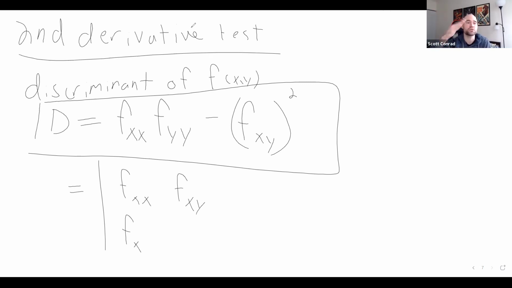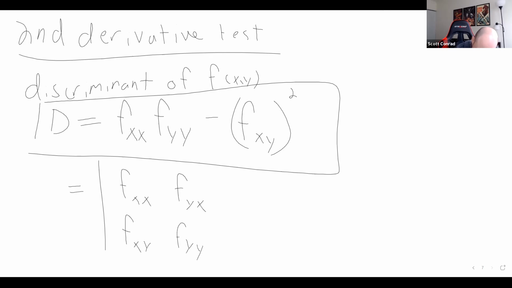The columns tell you what you take the partial with respect to first, and the rows tell you what you take the partial with respect to second. Doesn't matter. Just look at what I'm writing here.